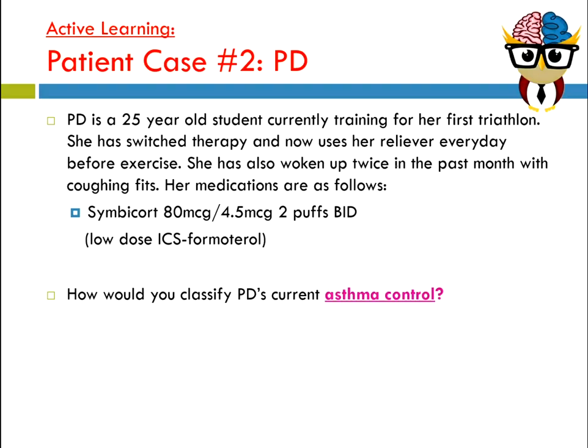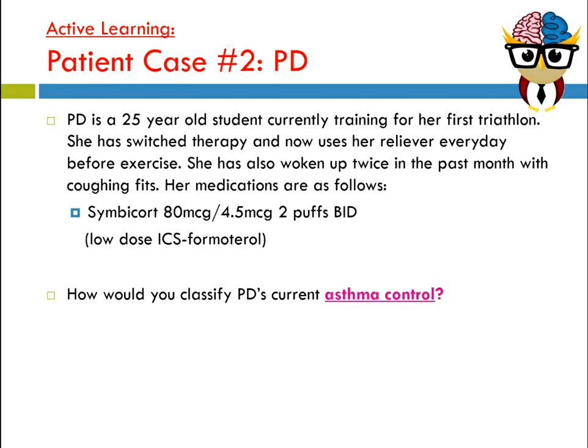She is on Symbicort, 84.5, 2 puffs twice a day, which is now, I'm telling you, a low dose ICS plus formoterol. By test, you need to be able to figure out that it is low dose. We're going to do that next. So for now, she's on a low dose ICS plus formoterol. How would you classify her asthma control?